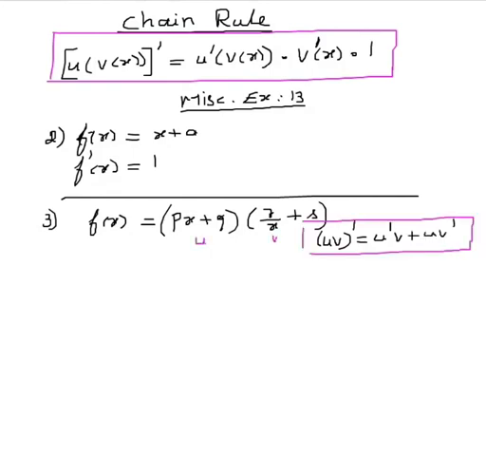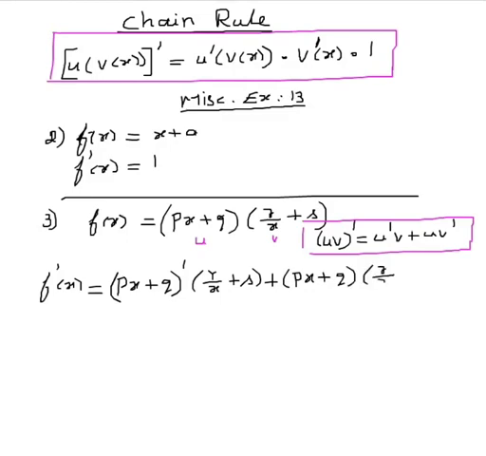This is u, that is v. Therefore, f dash of x is equal to u dash into v plus u term, which is px plus q, and v dash, which is r by x plus s dash.